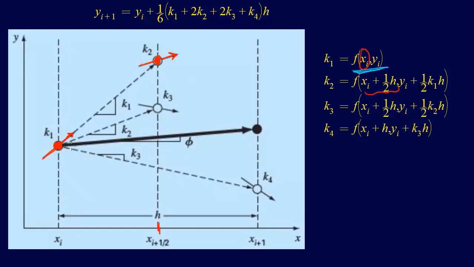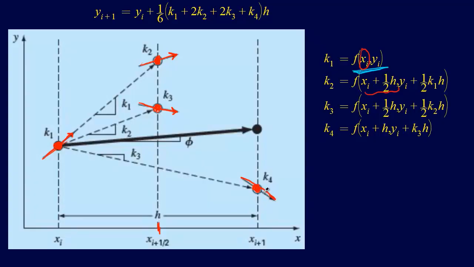We use k2 again. We move from k1 halfway there. We're going along the slope of k2, and when we get there, we use that value, and we evaluate the function f of x, y to get our k3. We use the k3 to come down here, but we step all the way to get our k4.